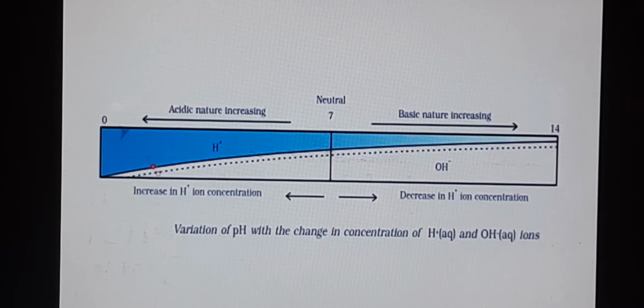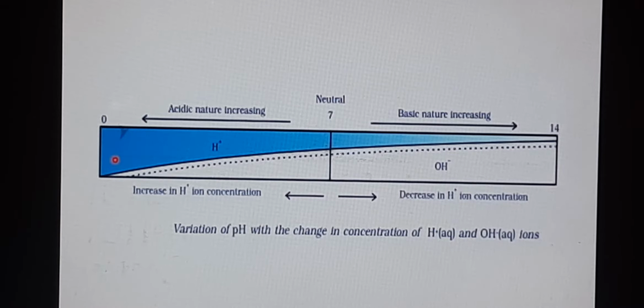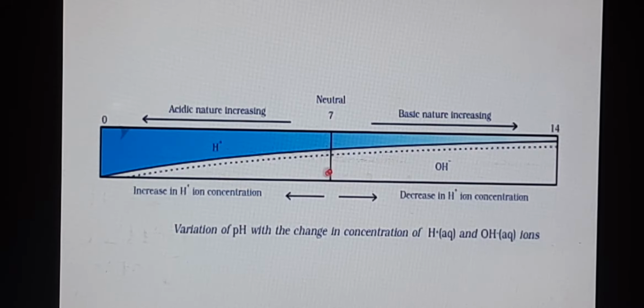As you can see here, 0 to 7 is blue in color. This blue color indicates the presence of H positive ions, and in 0 to 7, H positive ions are more as compared to 7 to 14.